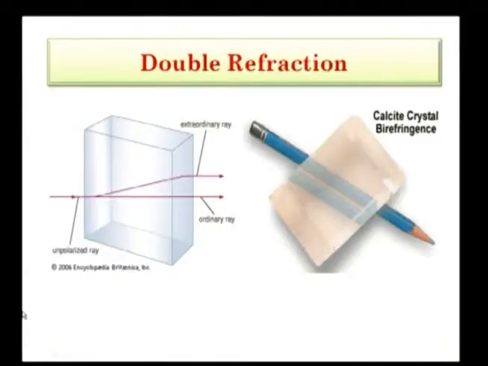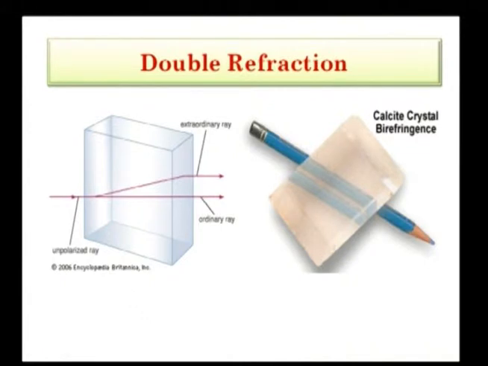The planes are important in optics. Similarly, directions are also important. I will not deal much with the directions, but what I would like to tell you is the directions are also important, right. If a light ray passes through a material like this, which shows what is called double refraction.